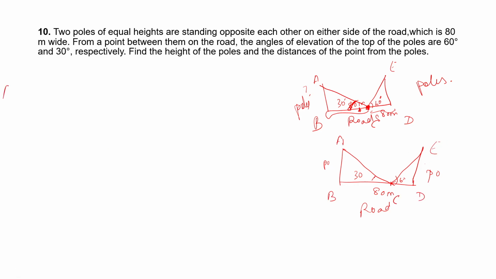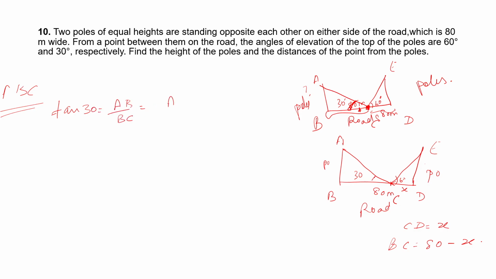Okay, so in triangle ABC, what we need? Opposite you require, adjacent also you don't know, that is different. So if I take CD as X, then BC is 80 minus X. Now tan 30 is equal to AB by BC.